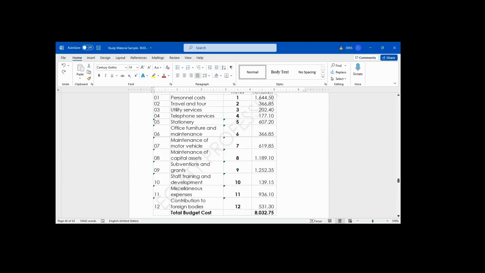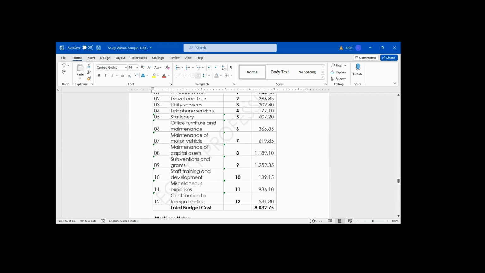They are going to be affected by the same factors, the same inflation rates, the same level of activities. Ladies and gentlemen, in some other question, we'll be giving different inflation rates for travels and tour, different inflation rate for utility service, different level of activity for them. Do you understand what I mean? Yes, sir.